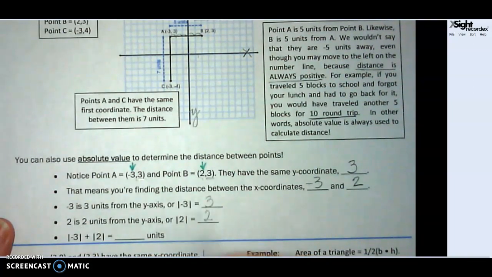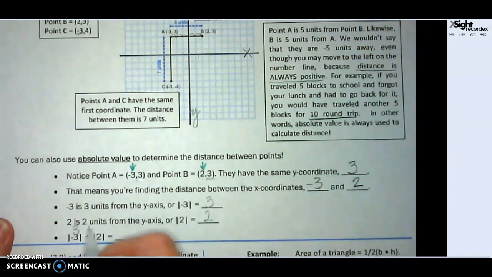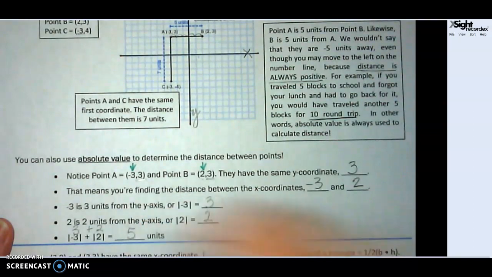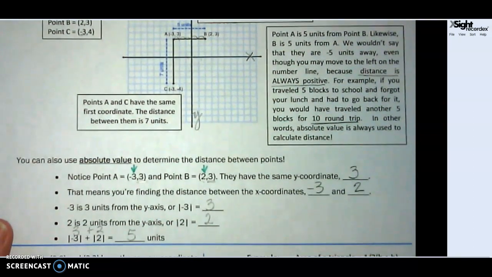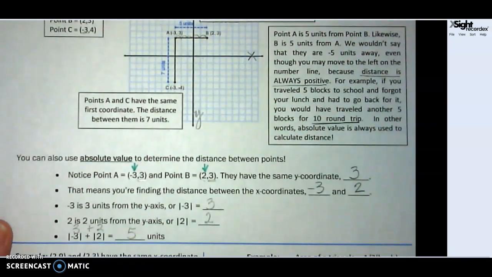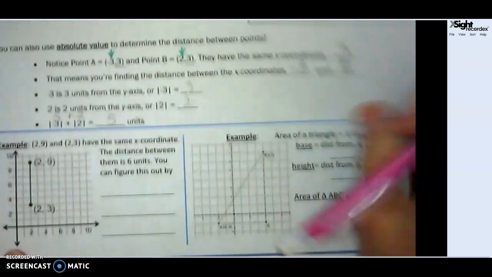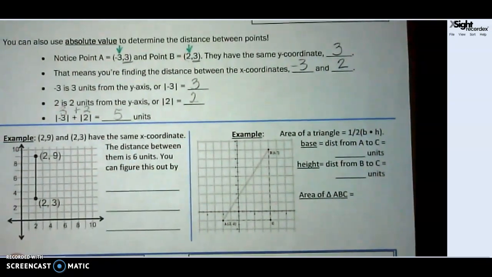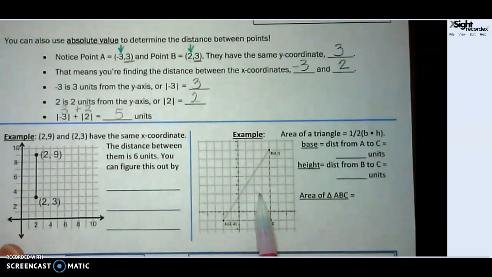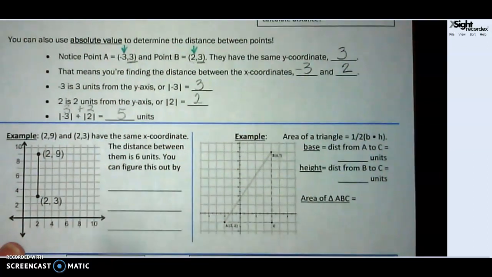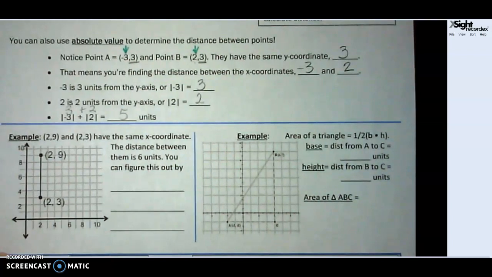We're taking the absolute values and saying 3 plus 2 is equal to 5 units. And that's how we can use absolute value to calculate distance. The reason why we want to be able to calculate distance using absolute value is because sometimes we won't always have the coordinate grid to go along with it.